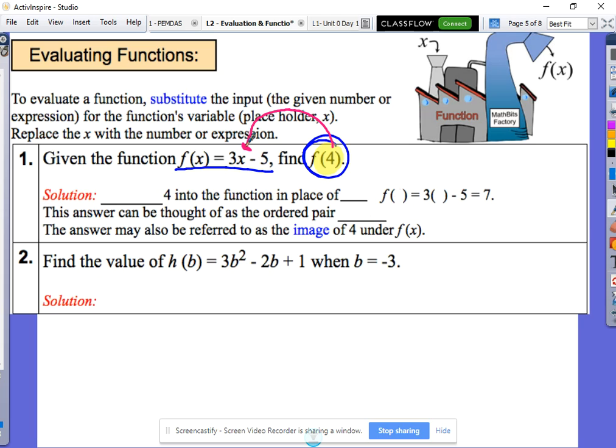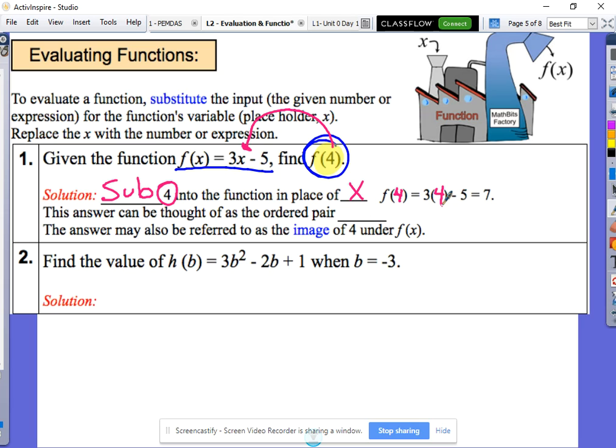So here's the deal. Sorry, the interruption. All right, so to use our notes here, we're going to plug in the number 4 into the function in place of x. So f of 4, we're plugging that number in.